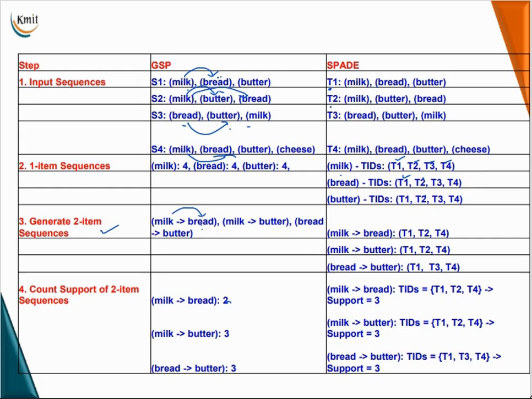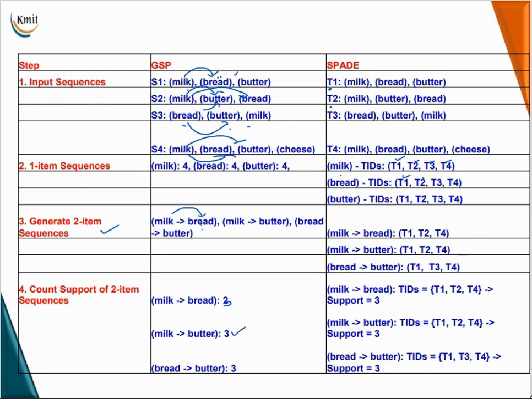So milk bread occurs 3 times. In the same way milk butter occurs in 1, 2, 3, so it also has a support of 3.